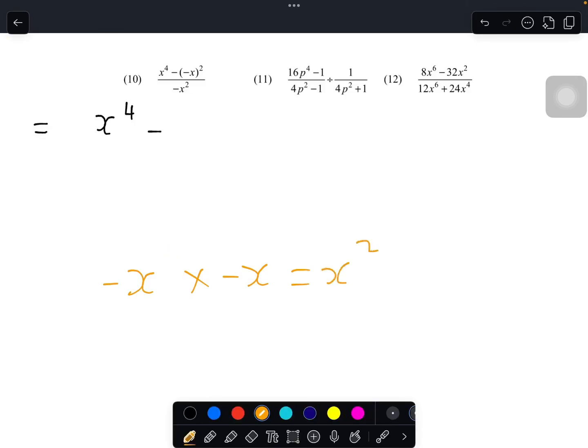And now that I have x squared times this negative, it's just going to give me negative x squared, and this is all going to be over negative x squared.